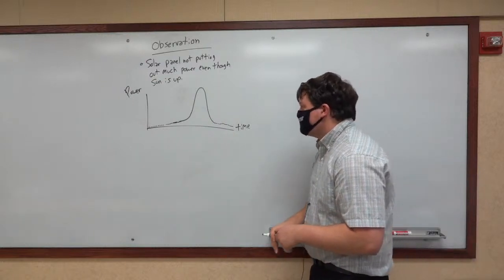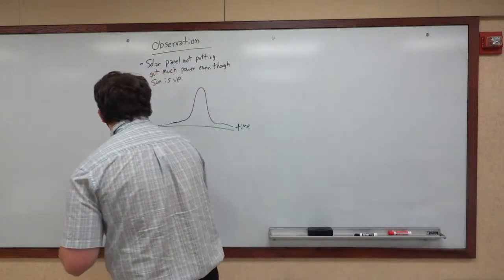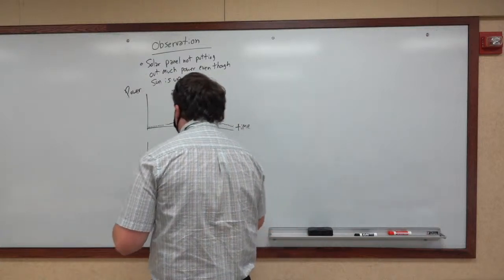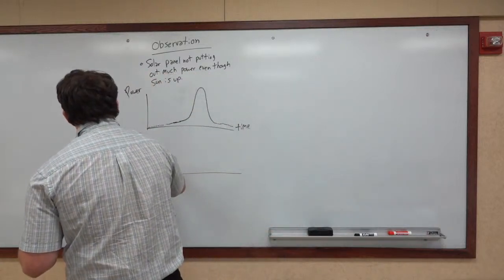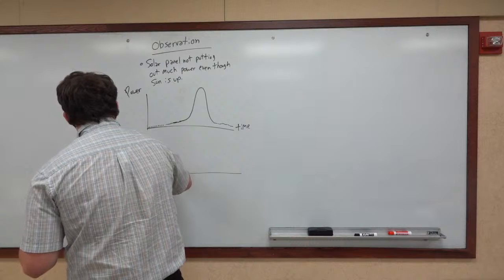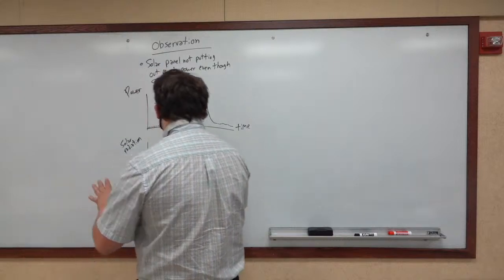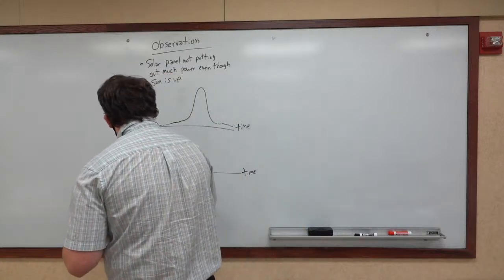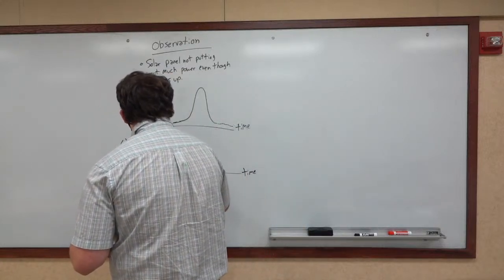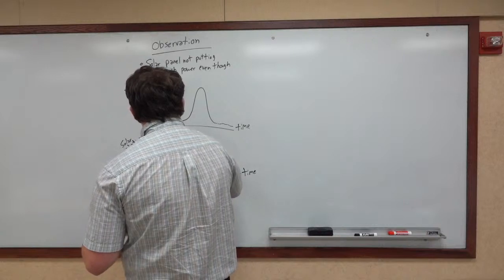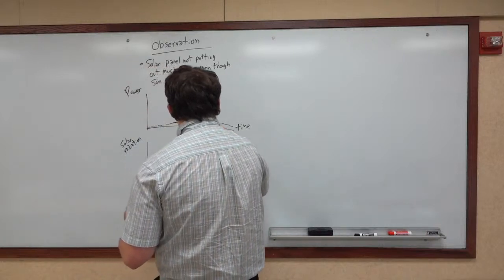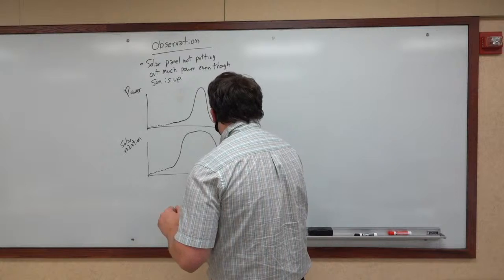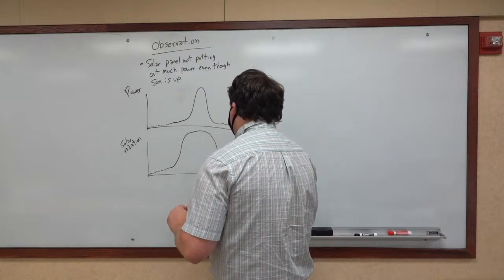Well, the problem is, and the observation that I'm making, is that if you compare this to the solar radiation for that same 24-hour period, you have nighttime, but it gradually increases to this point, and then cuts off, and then like that.